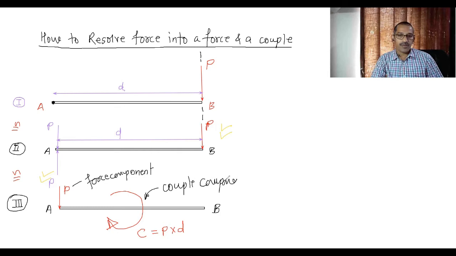That means when we resolve a force into a force and a couple, the force component is the same as the original force, but at the new point of application.